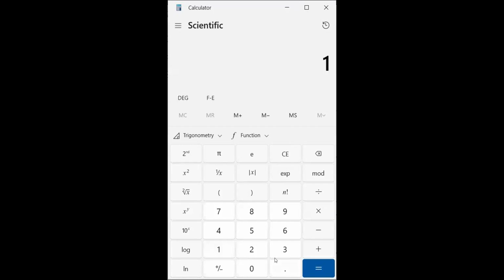Okay, so that's 1.50 times 1.031 raised to the 15th power. That's $2.37.